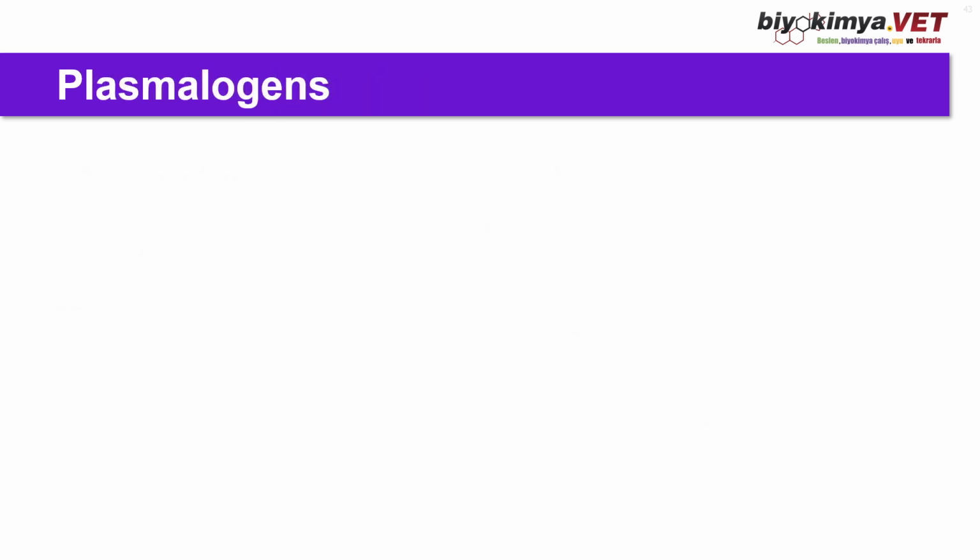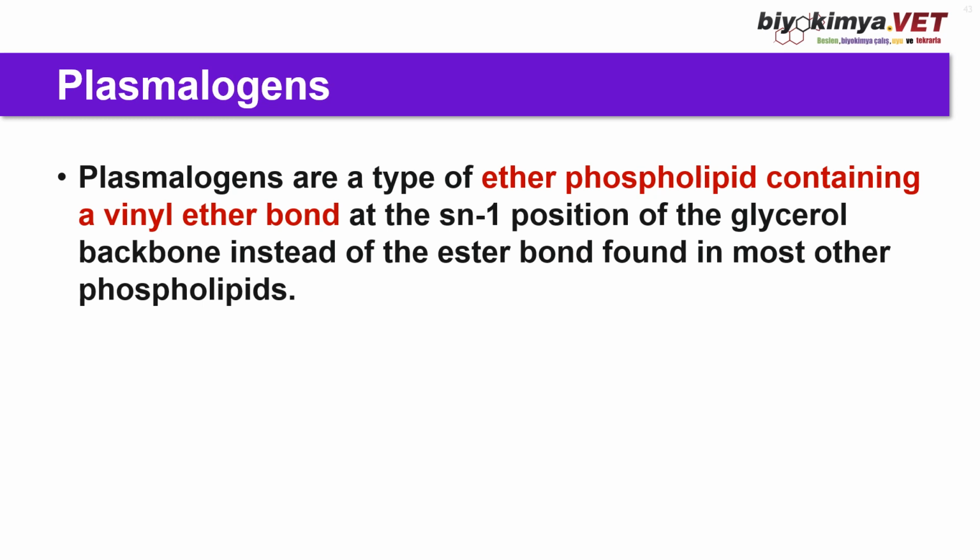And plasmalogens. Some glycerophospholipids have ether-linked fatty acids, and one is plasmalogens. Plasmalogens are a type of ether phospholipid containing a vinyl ether bond at the SN1 position of the glycerol backbone instead of the ester bond found in most other phospholipids, as we see in phosphatidylcholine, phosphatidylethanolamine, and phosphatidylserine.